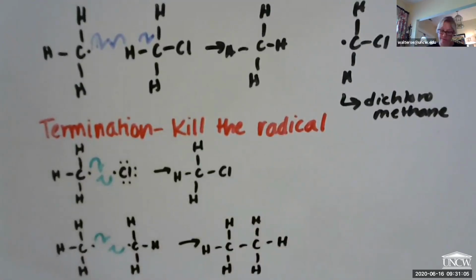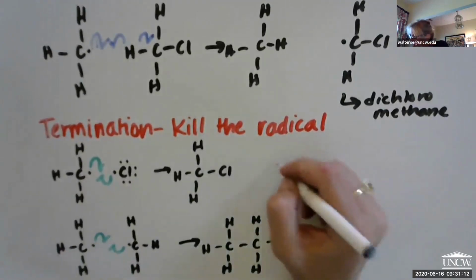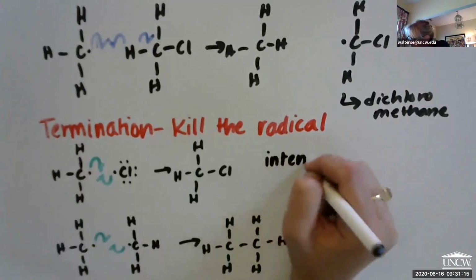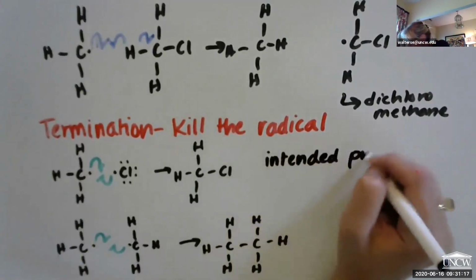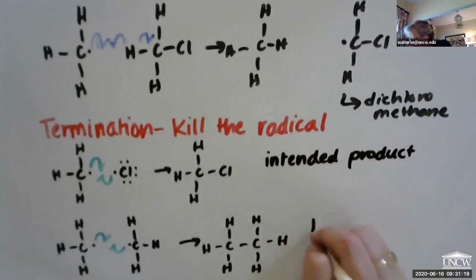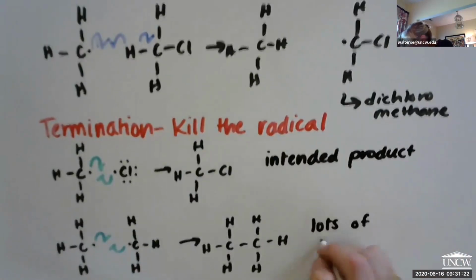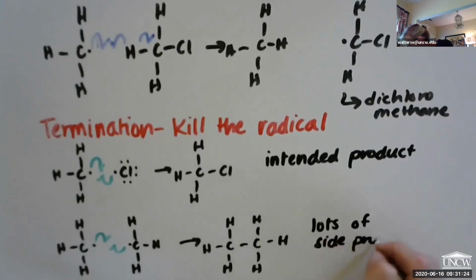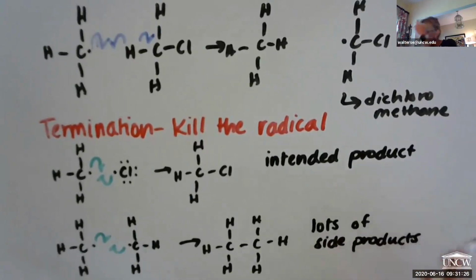So when you have these radical reactions taking place, you definitely will make your intended product. But you're going to get lots of side products. So at the end of this, we'll look at ways in which we can control to some extent the types of radicals, but this is a good, easy reaction to write where we can show all the steps.